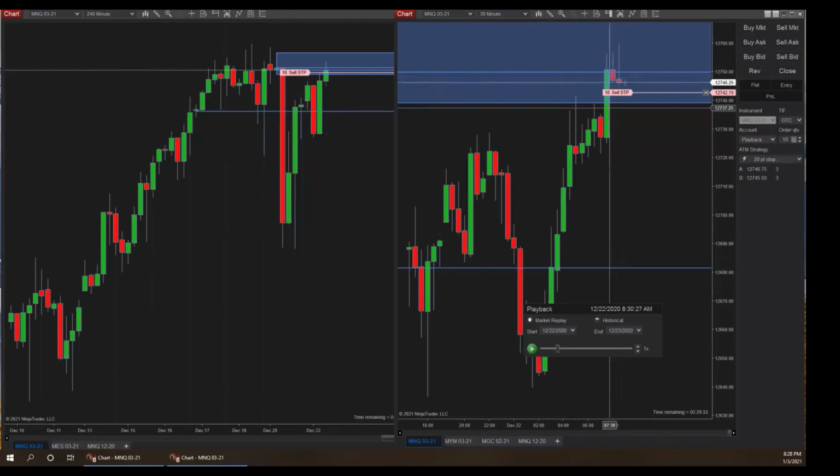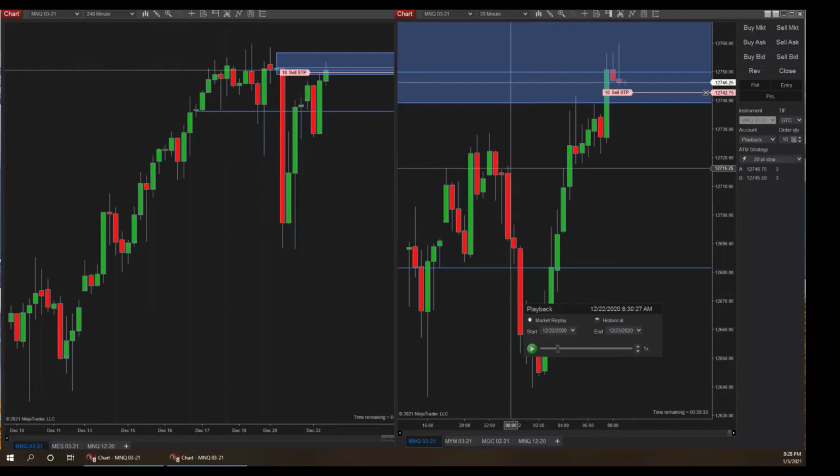So I'm going to look at some areas here that I might be interested in taking this trade. Beyond this point here, I've got this area down here that's above this 4-hour key line that I drew in the history. You see that from where it came from over here. So it could be up in this area. If I said, all right, let me take my profits up in here, I could do that as well.